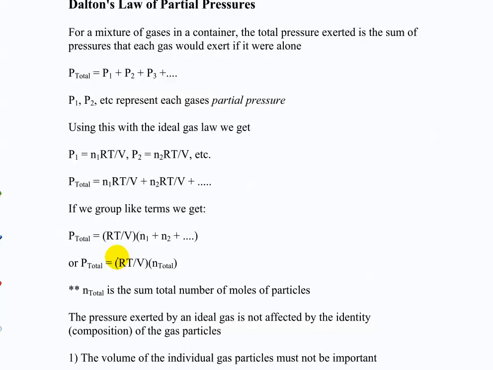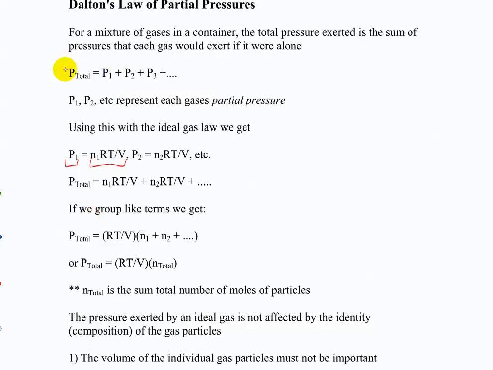Great. And we can actually use our ideal gas relationships to calculate the pressures of each gas. So look at some of these relationships here. Pressure total equals P1 plus P2 plus P3. These are all the partial pressures. Then each partial pressure is nRT over V, because we know that P equals nRT over V. So that's true for each gas.